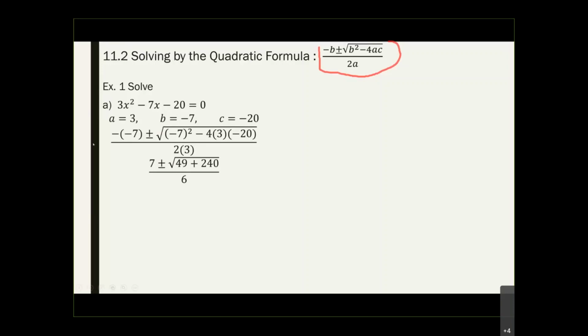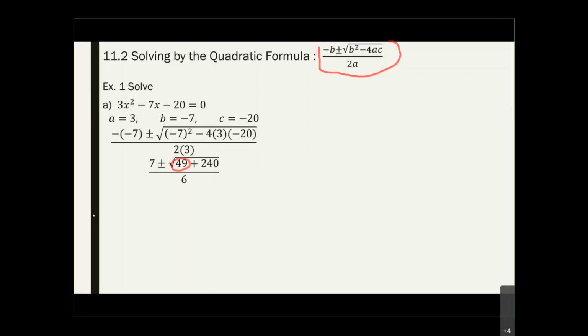Like I mentioned, this item right here will always be positive, while this other part can be positive or negative, as you will see later. A negative times a negative gives a positive: 4 times 3 gives 12, and 12 times 20 gives 240, all over 6.